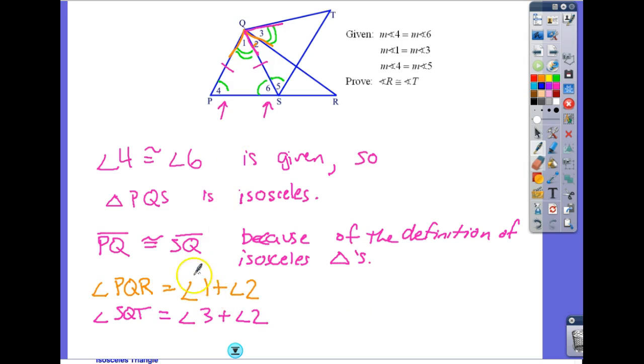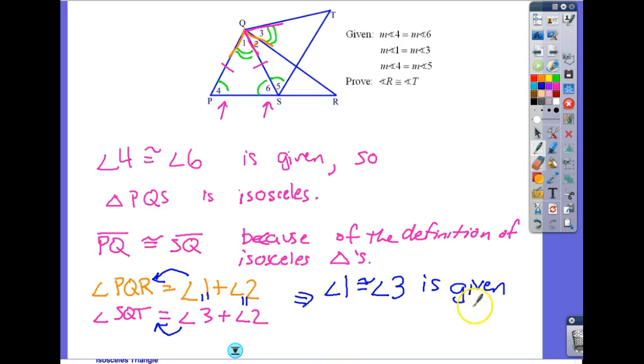Since we know that angle 1 is congruent to angle 3, which is given, we will say angle 1 is congruent to angle 3 is given. So these are equal and these are equal, so both of these have to be equal. Then we'll say angle 1 plus angle 2 equals angle 3 plus angle 2.